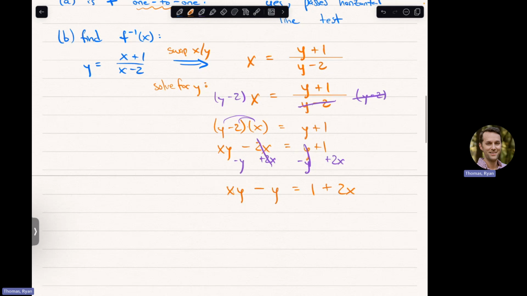Okay, this is where things maybe get a little bit weird. These are like terms from the perspective of y, because they both have y to the first in them, right? So they're like terms, but I have x minus 1 y, and I can't combine those because the coefficients aren't like things. So what we do instead is factor it out.